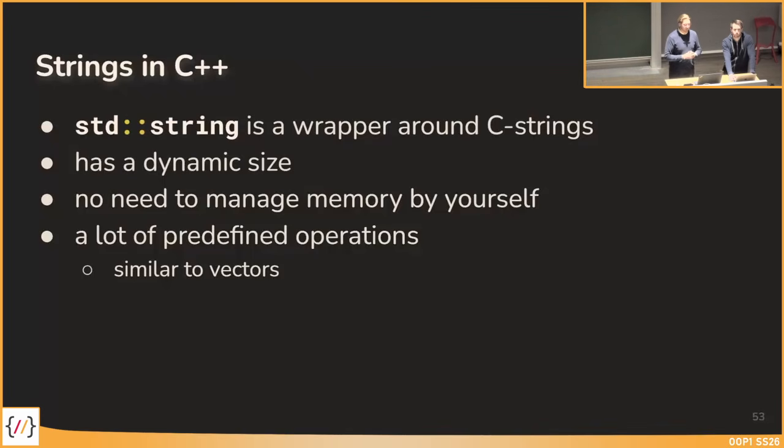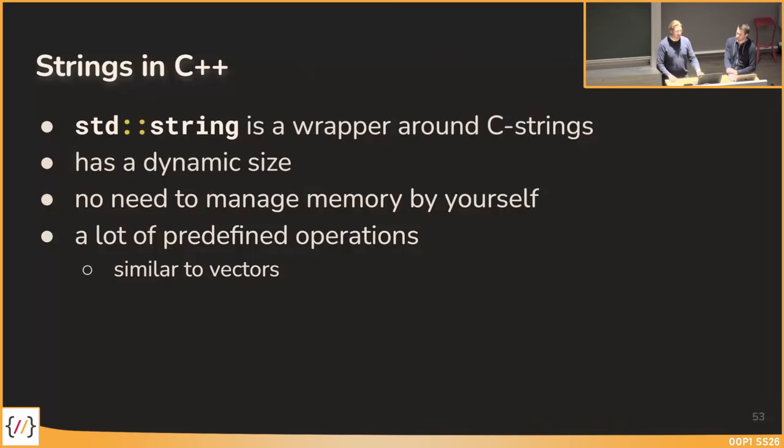So related to the size, you don't have to take care whether there is enough space, for example, for adding another string or removing something. This is all managed by the std::string. And similar to vectors again, we have a lot of predefined functions to perform operations on strings.